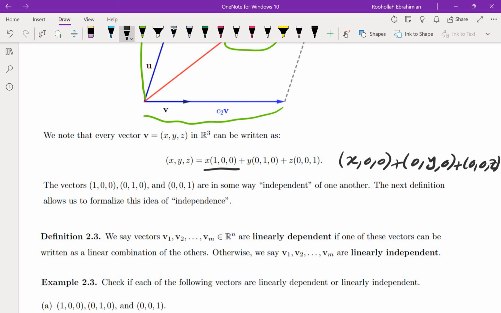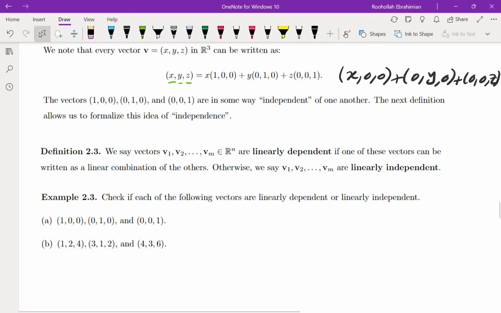So in some ways, these three coordinates are completely independent. x, y, and z are completely separate from each other, which means these three vectors 1, 0, 0, 0, 1, 0, and 0, 0, 1 are in some ways independent of one another. So the next definition allows us to formalize this idea of independence.